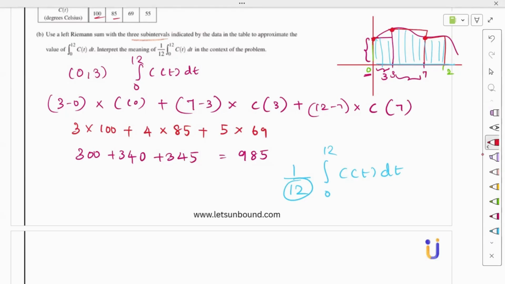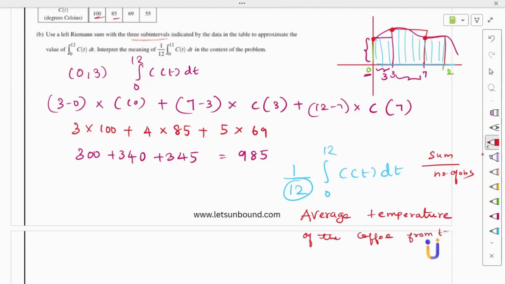You can relate it to the mean formula, sum divided by number of observations. But in this context, we can say it's the average temperature of the coffee over the time from t equal to 0 to 12. We are calculating the average temperature.